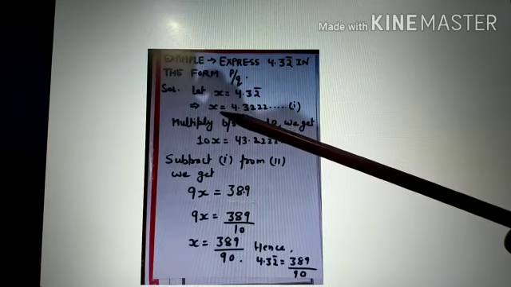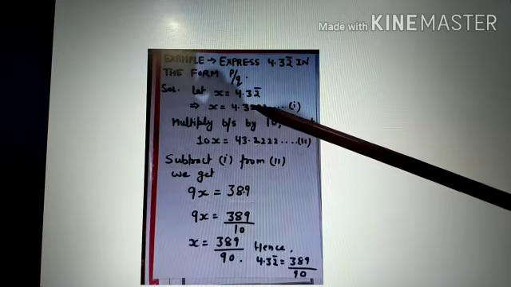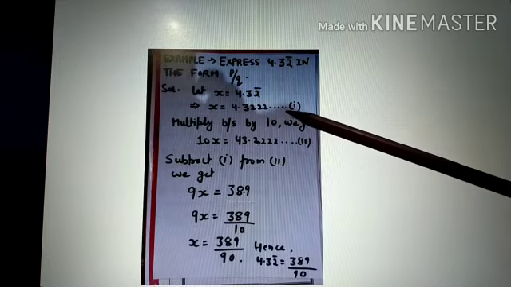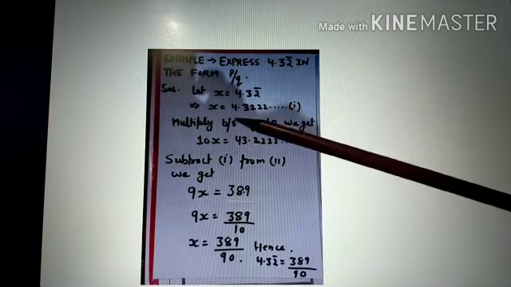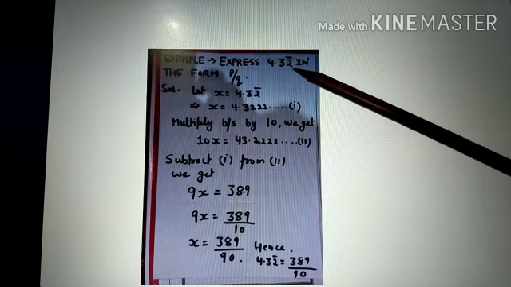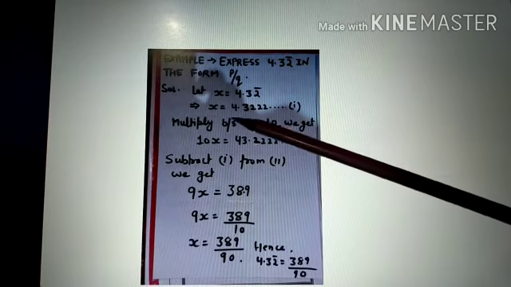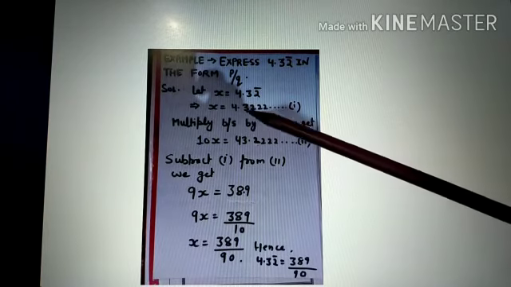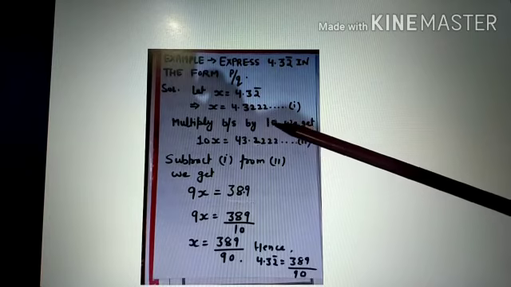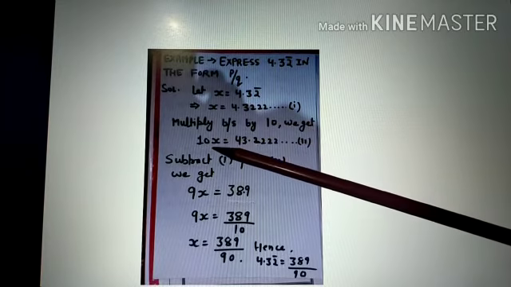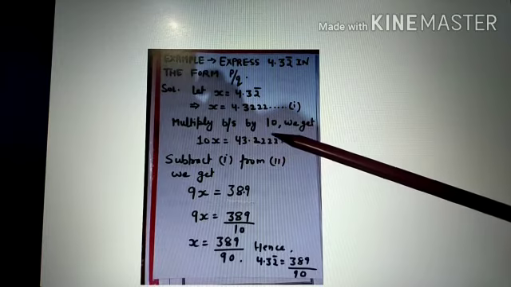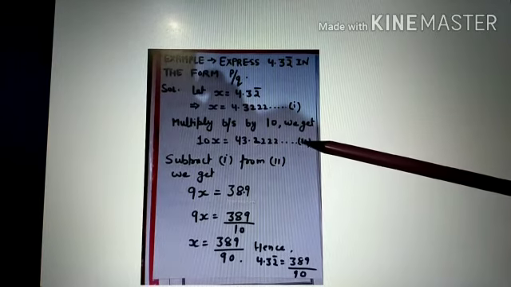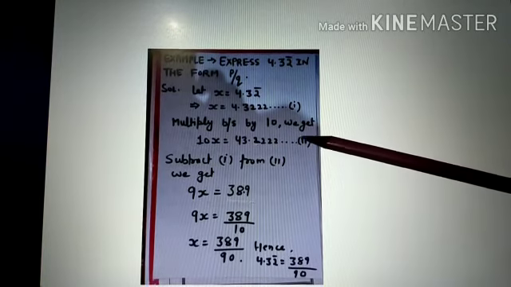It becomes x is equal to 4.32222 and so on. We will name this equation number 1. Now as we know that the bar is on only one digit, so we have to multiply equation 1 by 10 and we get 10x is equal to 43.2222 and so on. We will name this equation number 2.